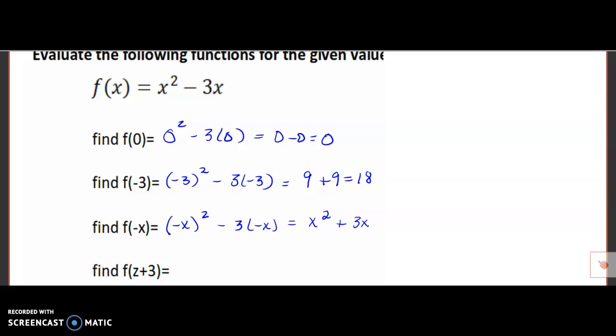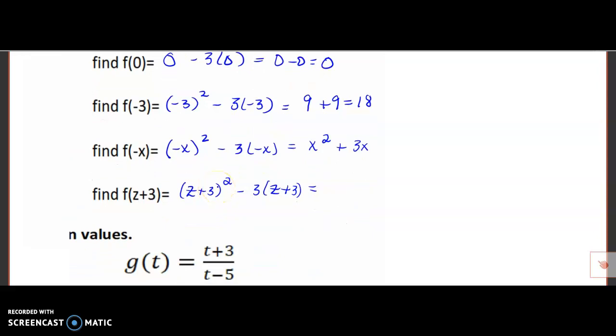F of z plus 3, replacing every x with a z plus 3 gives me z plus 3 squared, make sure you put that in parentheses, minus 3 times z plus 3. Now we need to work this out.